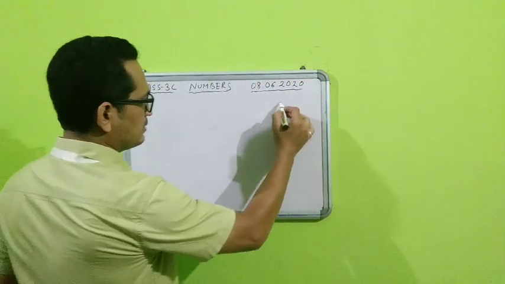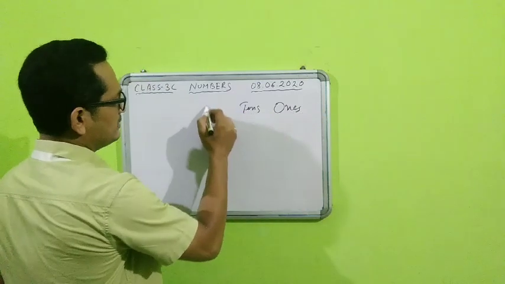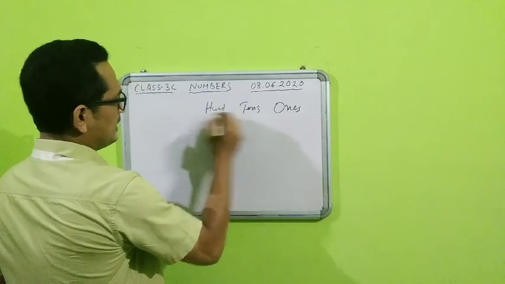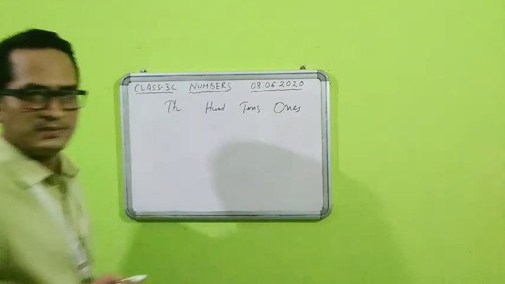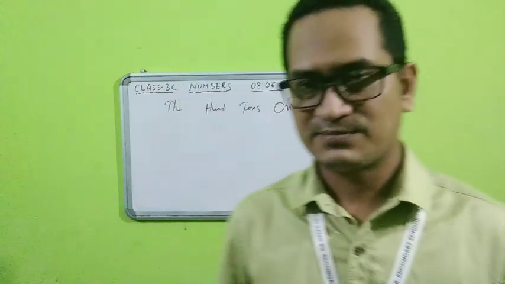Now students, if I recall a little bit about the last class, we have discussed the thousands place like this: ones place, then tens place, then hundreds place, and then thousands place. Here I already discussed the smallest four-digit number and the greatest four-digit number.